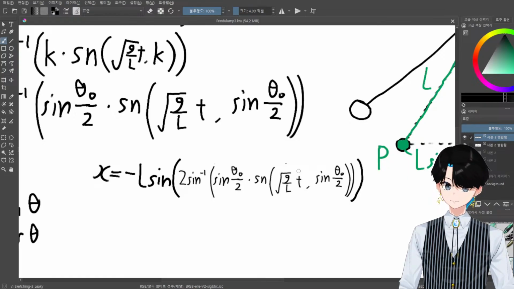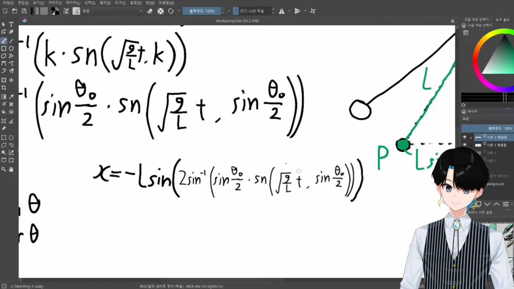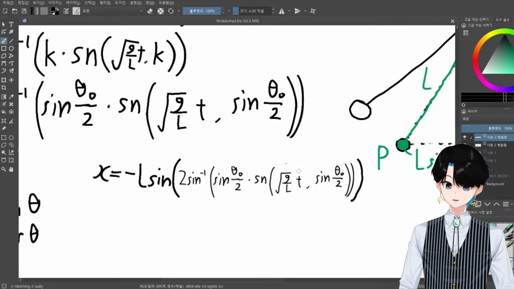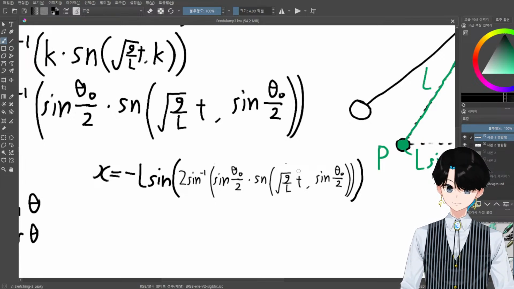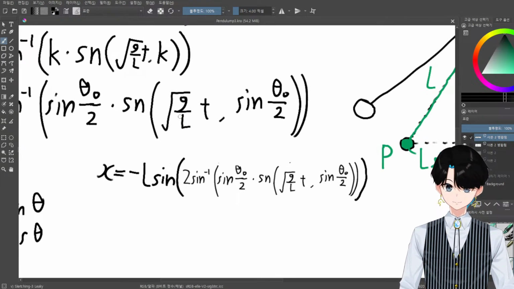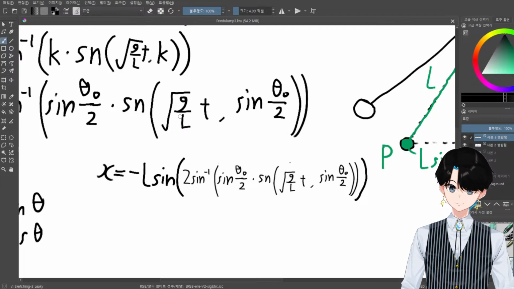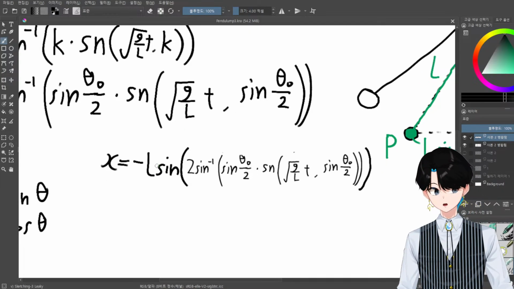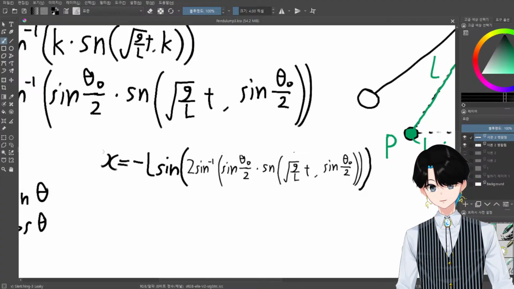There might be a way to simplify this. Right there. Okay, this will go over this side.